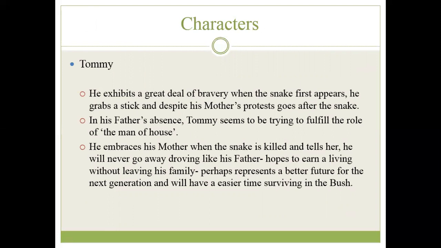However, at the end of the story, when the snake is killed, he embraces his mother and tells her he will never go droving like his father. He hopes to earn a living without leaving his family and perhaps represent a better future for the next generation. And he will have an easier time surviving in the bush owing to the foundation laid by his parents.